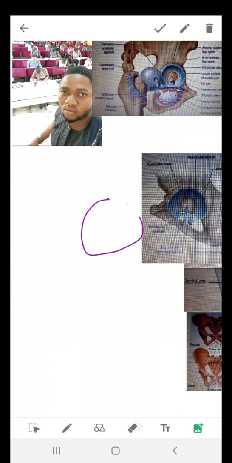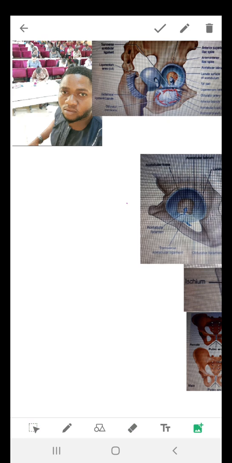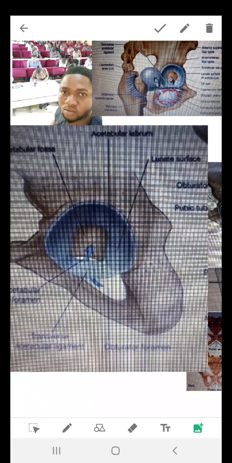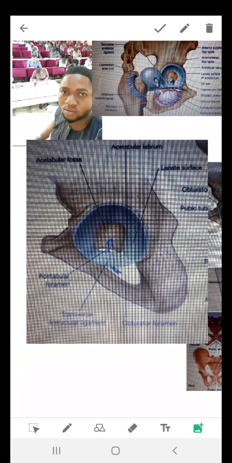Let's move this bone away and bring the acetabulum here. Sorry for this image, this image is very bad, but bear with me. Now look at the acetabulum.